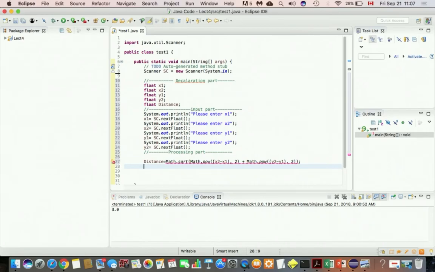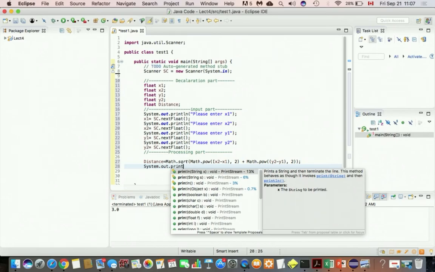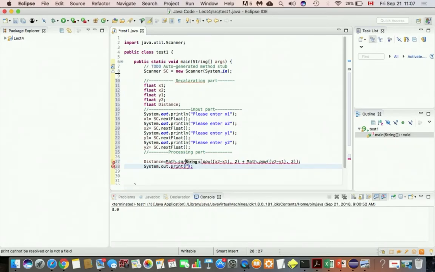And then I will print out System.out.print, the distance is, and I will for sure make a new line here, plus distance.